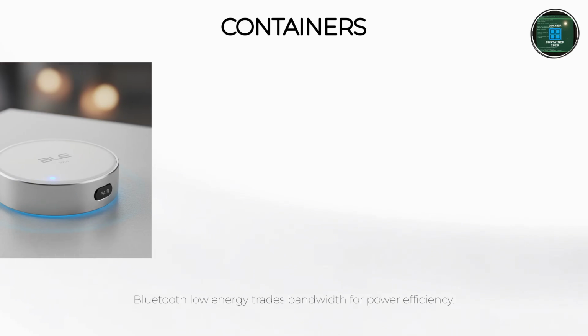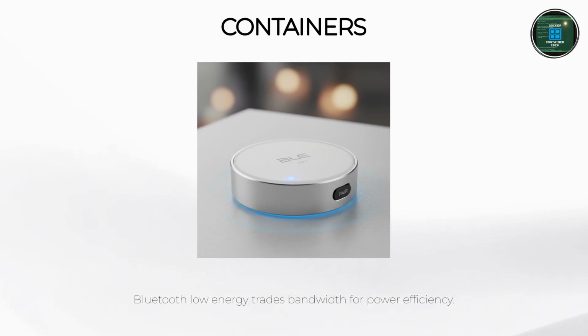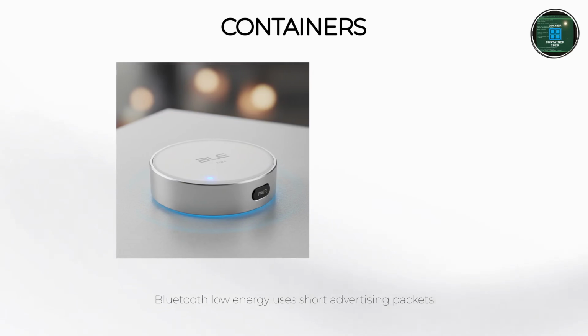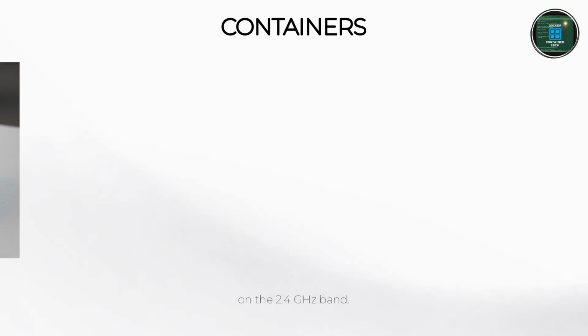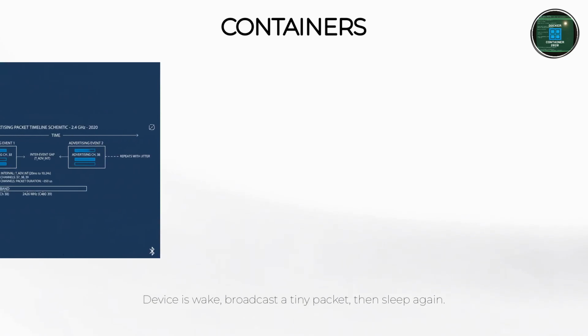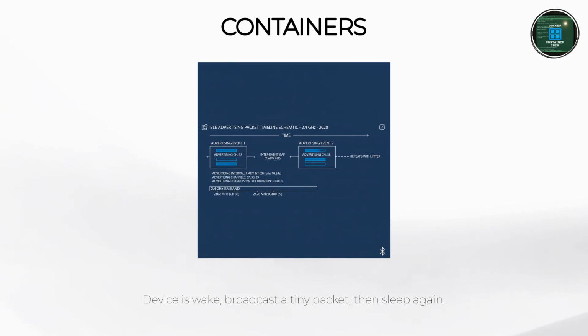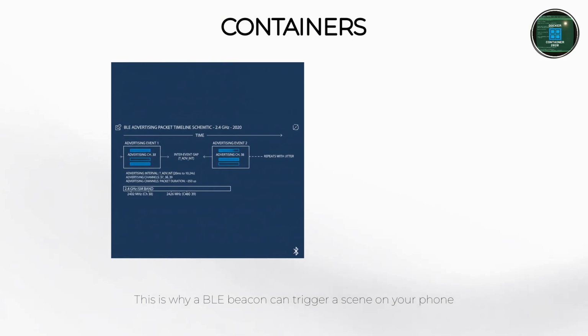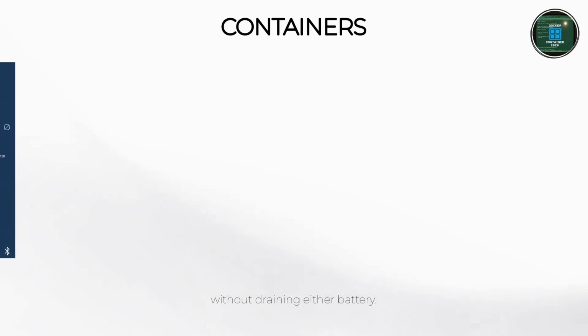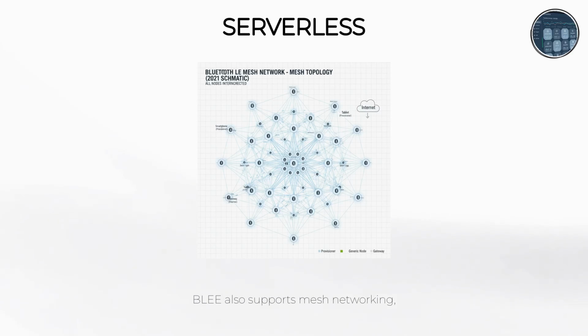Bluetooth Low Energy trades bandwidth for power efficiency. Bluetooth Low Energy uses short advertising packets on the 2.4 GHz band. Devices wake, broadcast a tiny packet, then sleep again. This is why a BLE beacon can trigger a scene on your phone without draining either battery. BLE also supports mesh networking, though adoption has been modest compared to Zigbee or Thread.